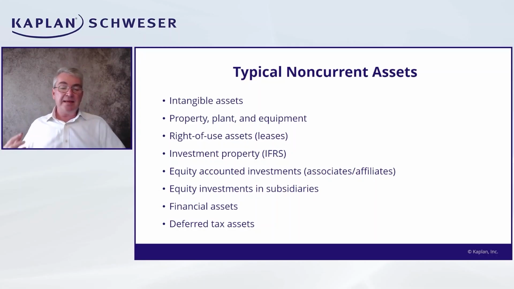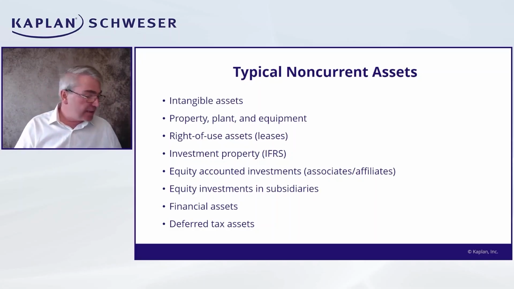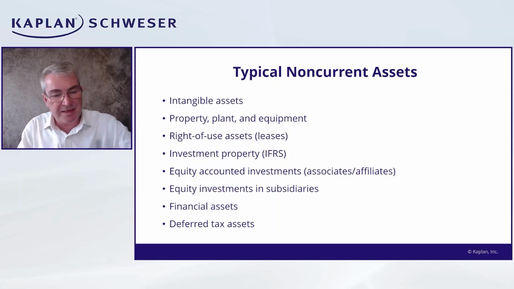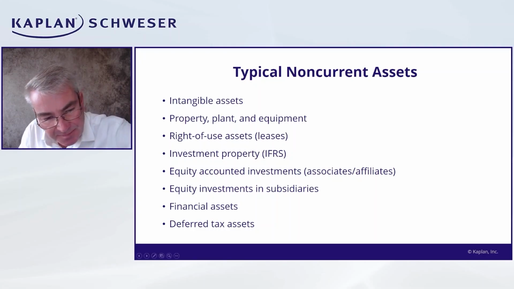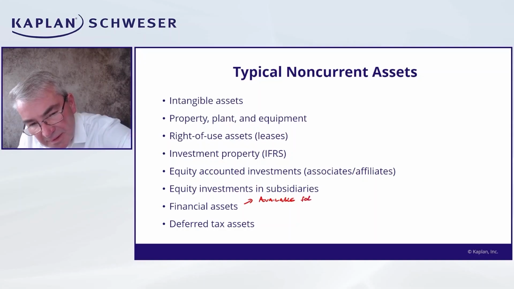Financial assets, so these would be passively held investments held for more than 1 year. Typically, we're going to talk about, under US GAAP, available for sale and held to maturity.